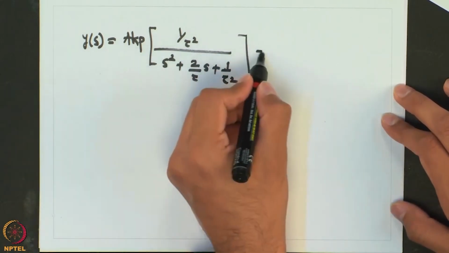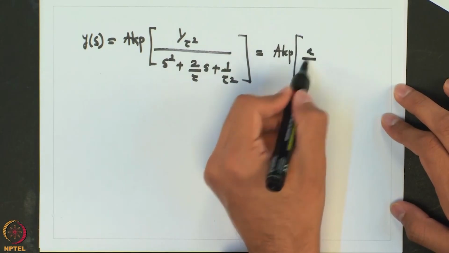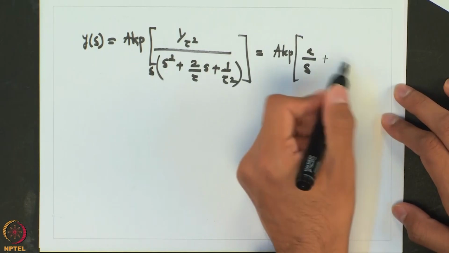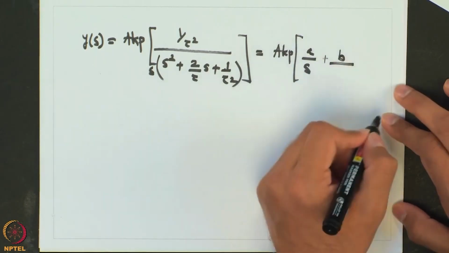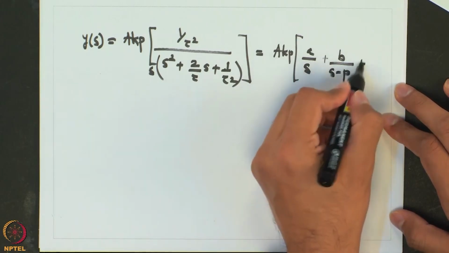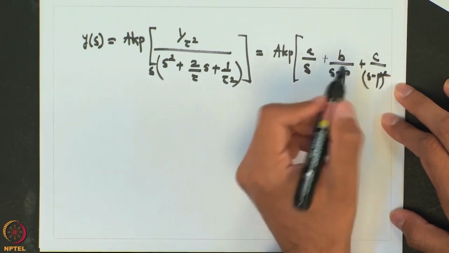This we are going to write as AKp times constant A over s plus B over s minus p plus the double root term, C over s minus p square.